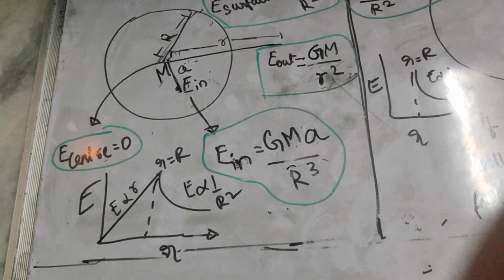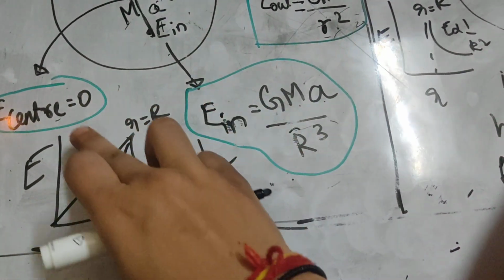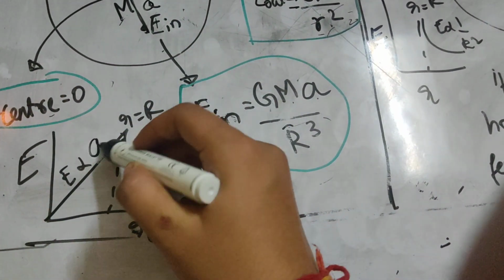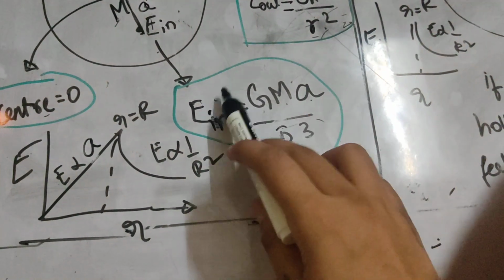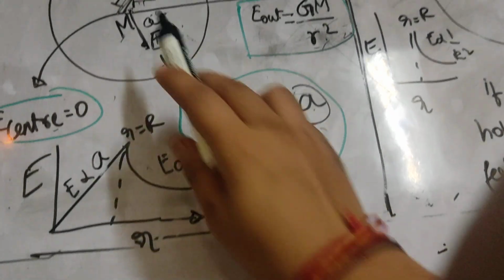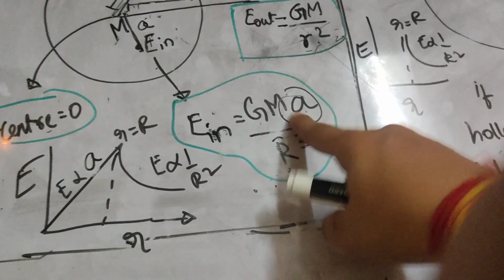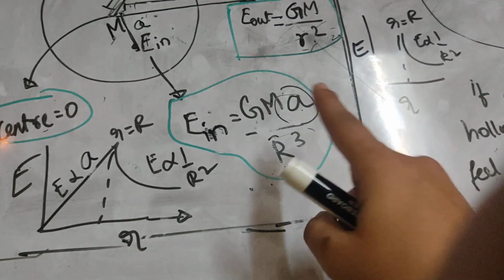Now remember the graph. In the graph you can see from the formula only. I will write this as E again. Here E inside is directly proportional to this distance A. Capital R is the radius, but here it is directly proportional because the radius is constant, mass is constant, G is constant. What will change is A only.